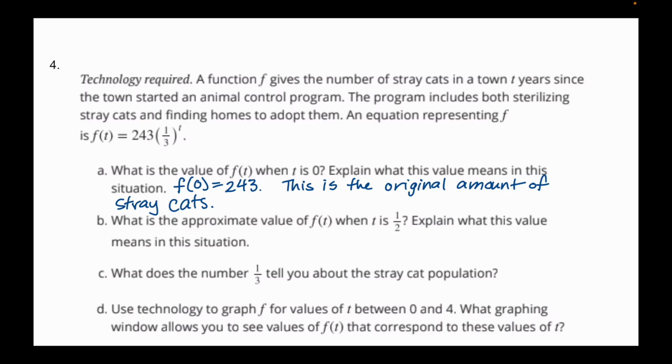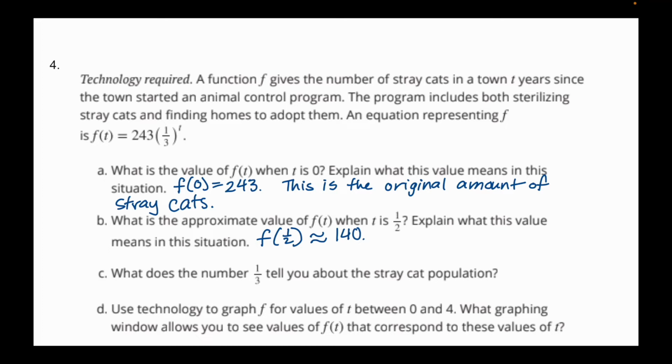So let's go back to our notes here and say f of 1/2 is approximately 140. Now explain what this means. Well, t is in years. So if t is 1/2, that means half a year.